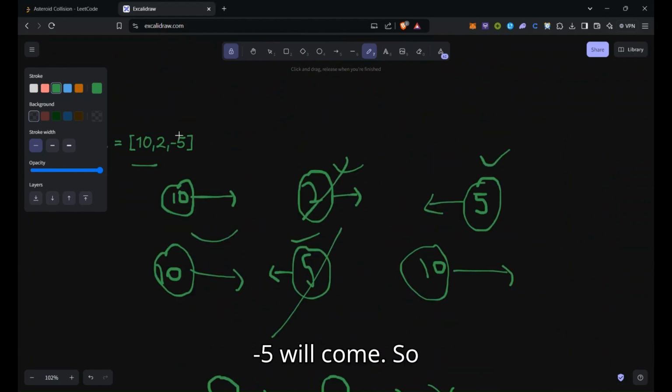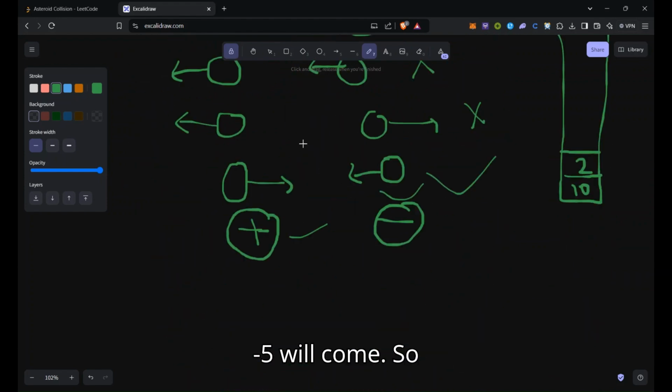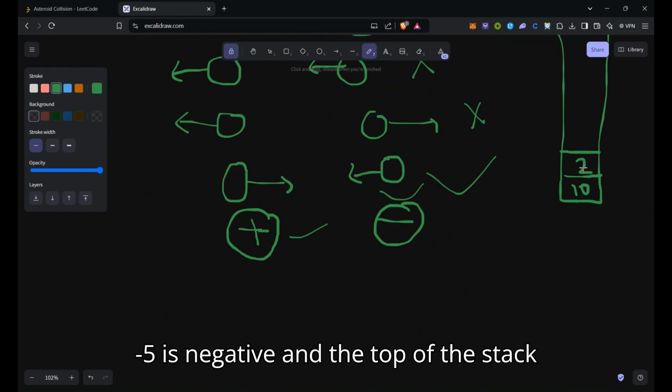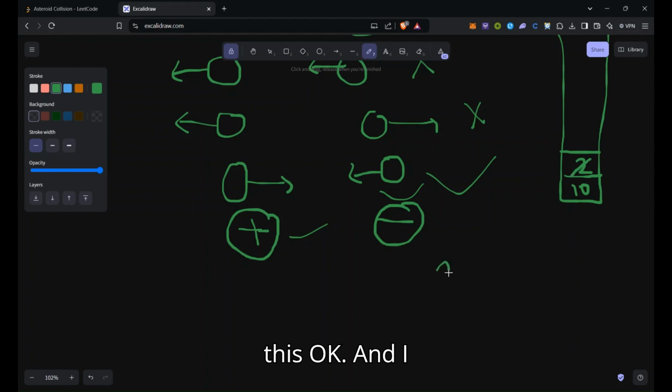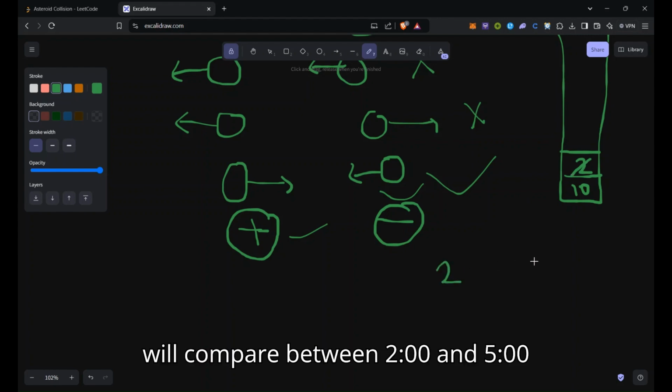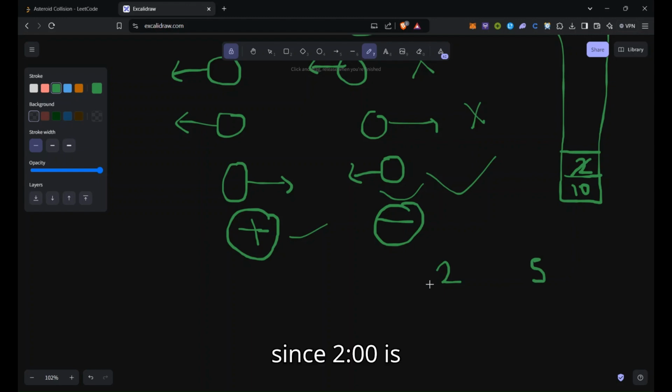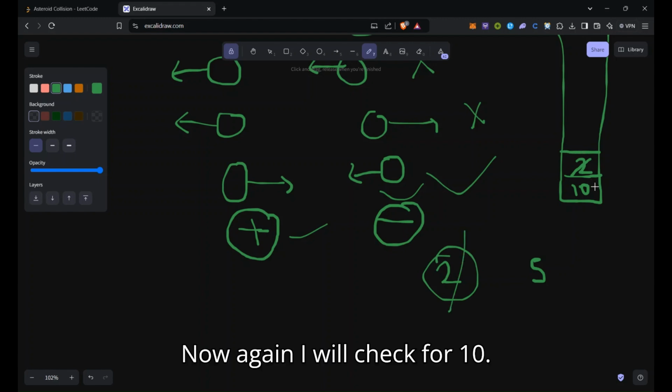Now minus 5 will come. Minus 5 is negative and the top of the stack is positive. So now I will pop this, and I will compare between 2 and 5. Since 2 is less, I will remove it. Now again I will check for 10.